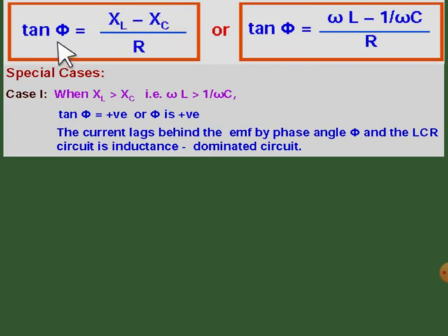That means tangent of phi will be positive. If tangent of phi is positive, that means phi is positive. Phi positive means phi will be acute. If it is acute, then what happens? The current will lag behind the instantaneous EMF.